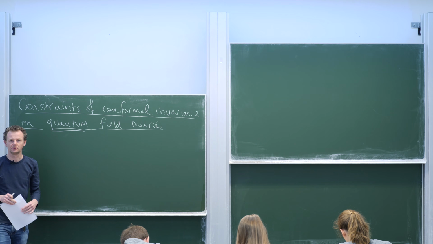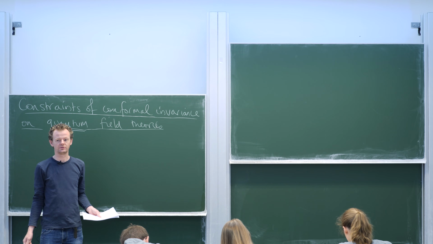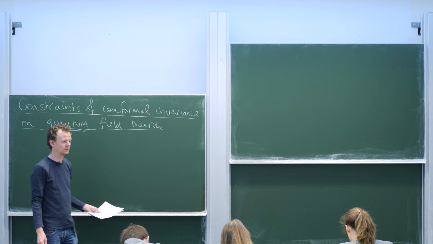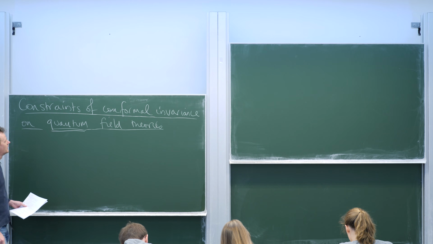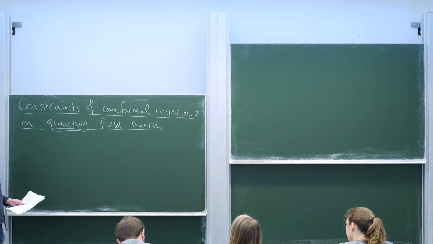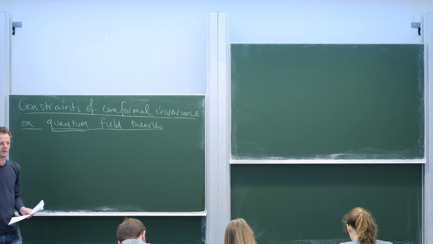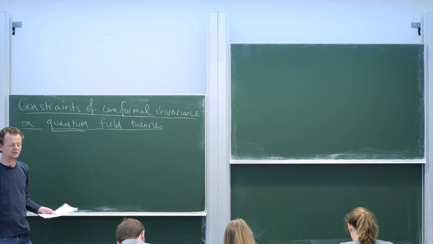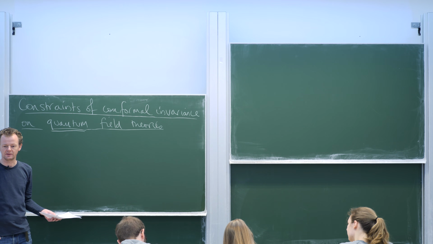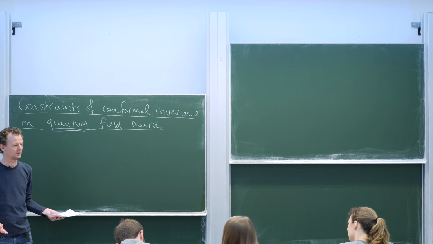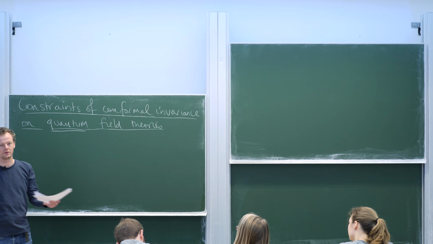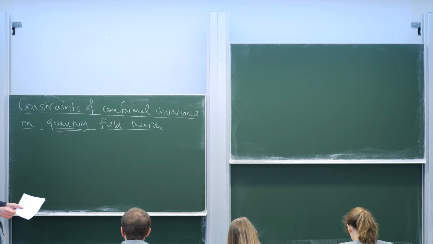In the previous lecture, we looked at conformal symmetry in the context of classical field theory. We did that because we want to see what analogous properties and results are going to carry over to this quantum setting that we're really interested in.